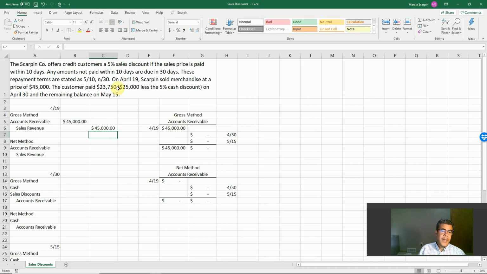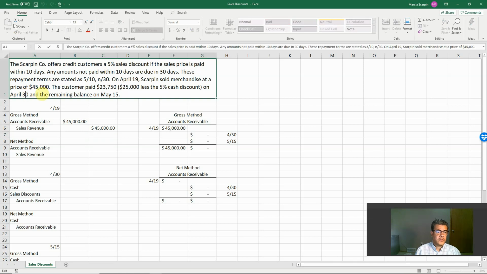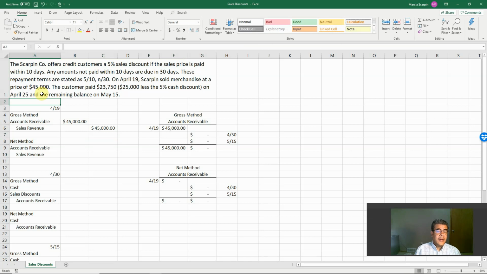The customer paid $23,750. That is 25,000 less the 5% cash discount on April 30th. Wow, it's not April 30th. Sorry, it's April 25th. That is how it is in your Excel file, by the way. And how do we do that? So, cash, how much do we receive? 23,750.